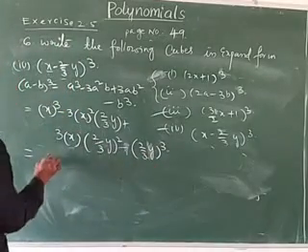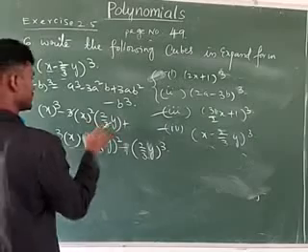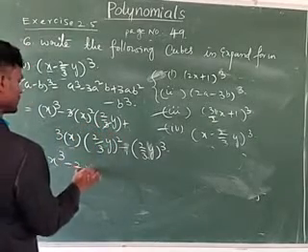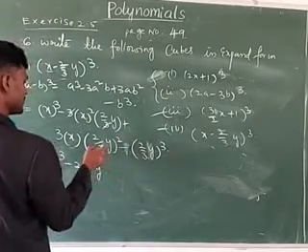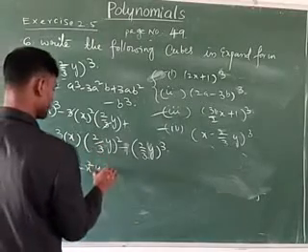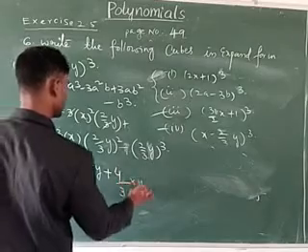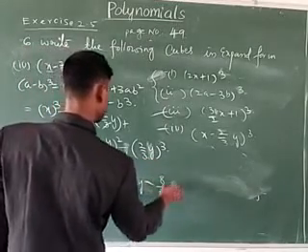Now see here: x cube; this 3 and this 3 cancel, and minus into plus is minus, 2 x square y. Next, 3 square 9, one 3 and 3 cancel, then 2 square 4/3 xy. Next, 2 cube 8, 3 cube 27, y cube.